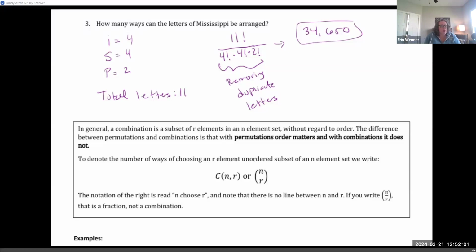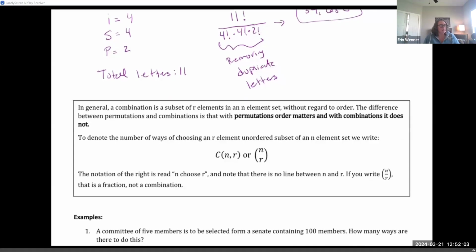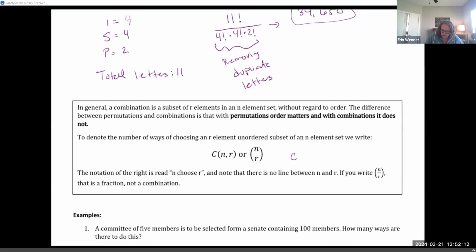We denote the number of ways of choosing as C(N,R) or N over R. The combination of N items taken R at a time is N factorial divided by R factorial times N minus R factorial. The difference between this calculation and our permutation calculation is that extra piece of R factorial.